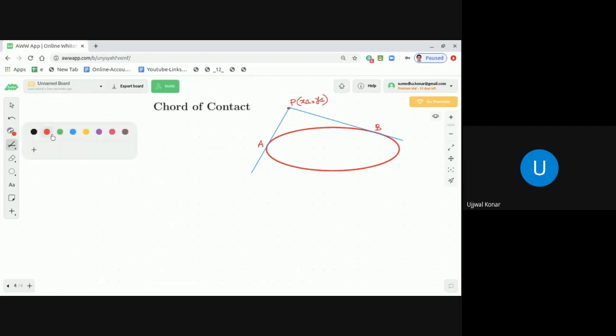If I draw the chord in green, it will be something like this. What you see in green is a chord.